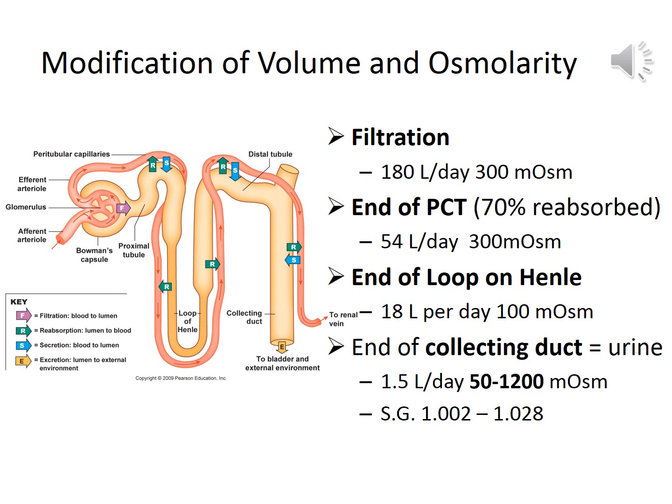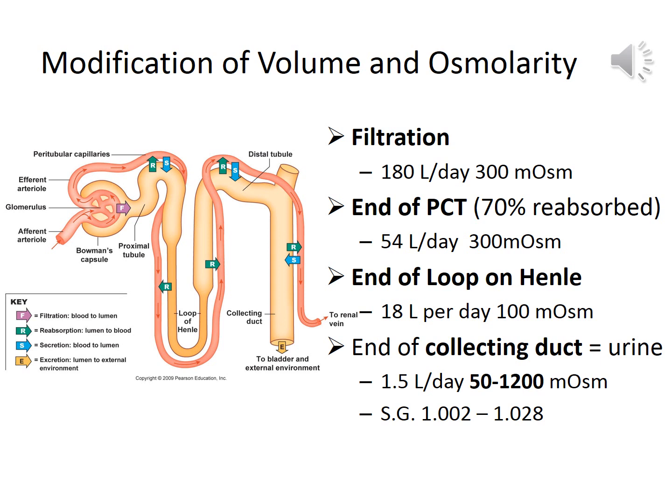As we go down that hairpin turn, we start coming up, and we get to the thick ascending loop. Now we have the opposite happening, where it's impermeable to water, and we have our sodium-potassium-chloride pump. So we're removing sodium chloride, pumping out massive quantities of sodium and chloride.